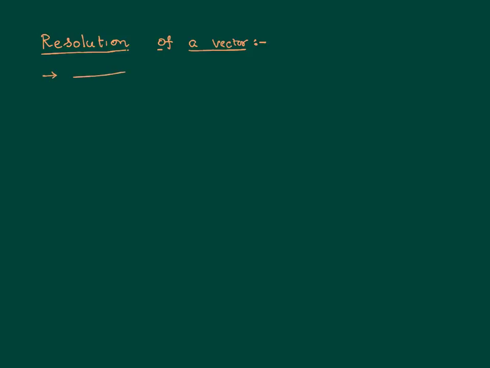Say for example, if a vector is like this, having a magnitude A, it's i cap, saying that it is along the x axis. Suppose a vector is like this, B, its direction is along the y axis, so I can say j cap.